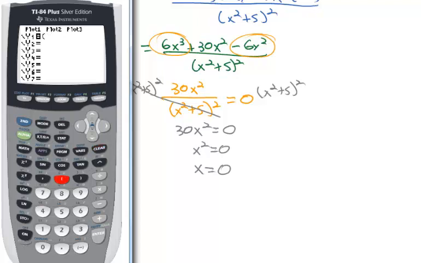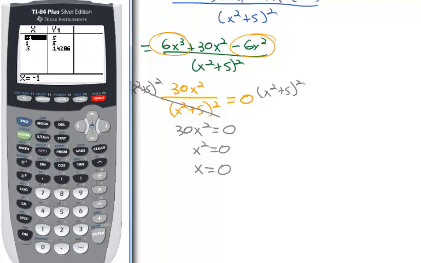So we'll open up a parentheses, 3x squared, close the parentheses, divided by, open up a parentheses, x squared plus 5, close the parentheses, and you only need to type x once. Got it in here twice somehow. Enter. There it is.